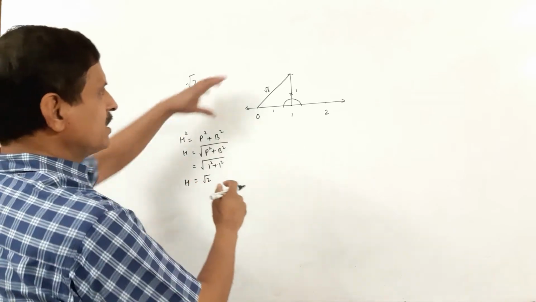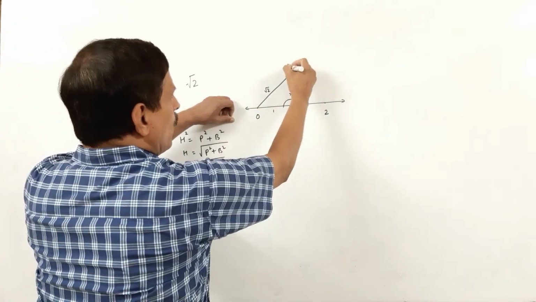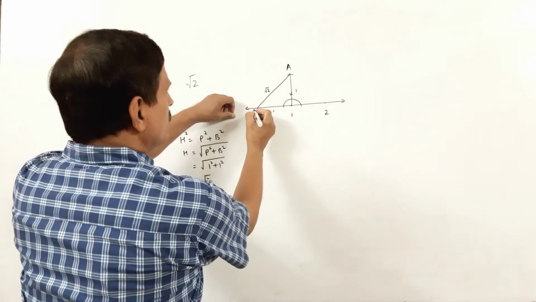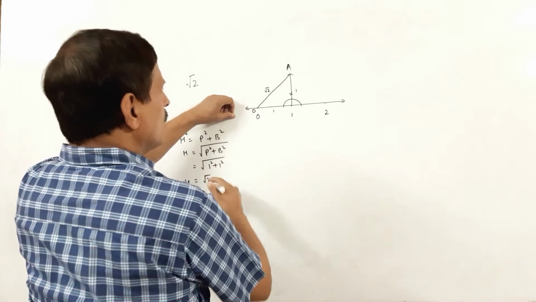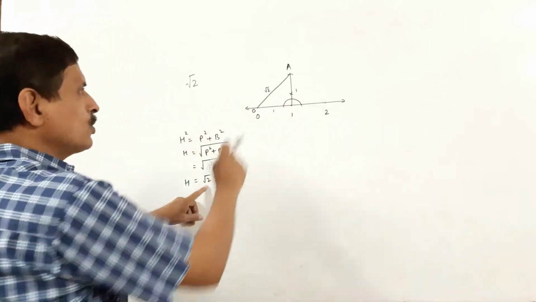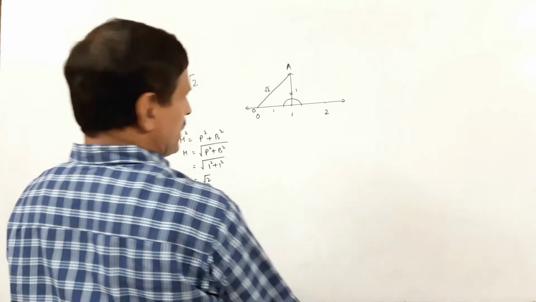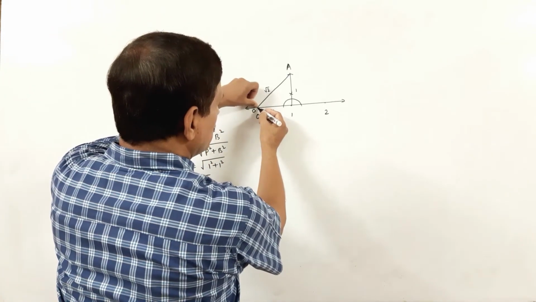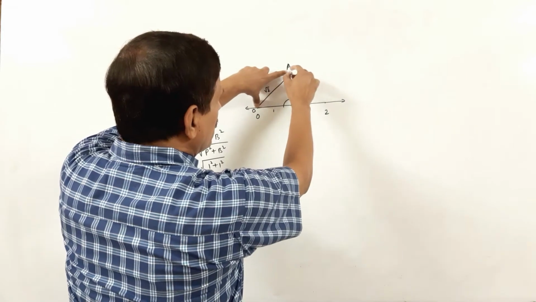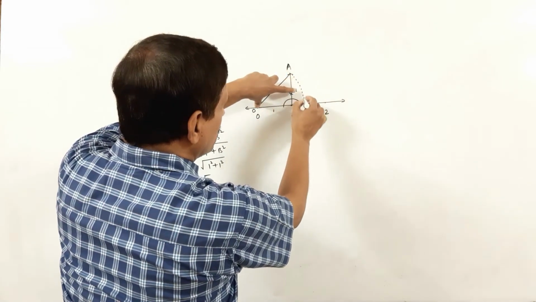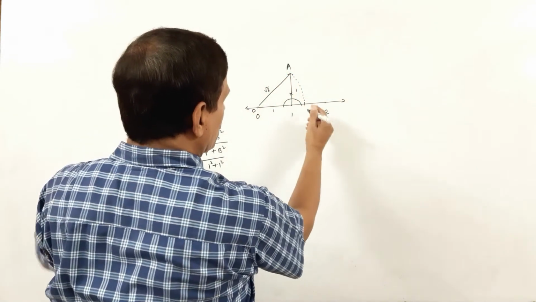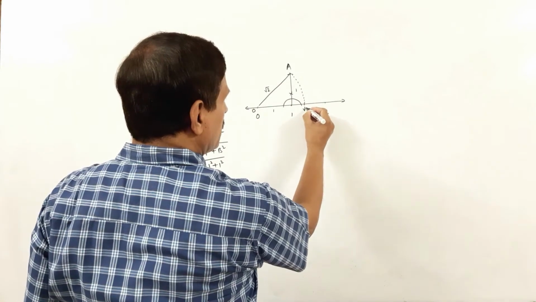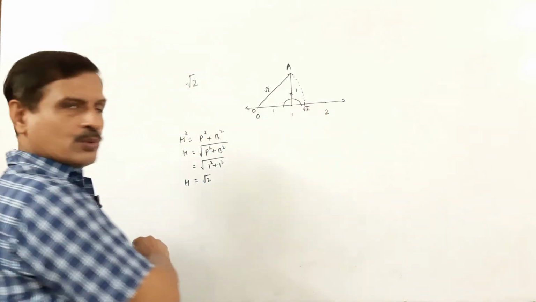So this length OA is equal to root 2 unit length. Now with O as center, that is origin, radius equal to OA, we cut an arc on this number line. This intersection represents root 2.